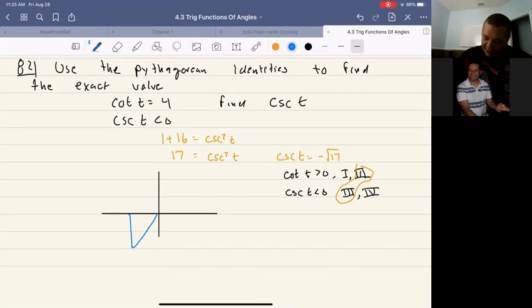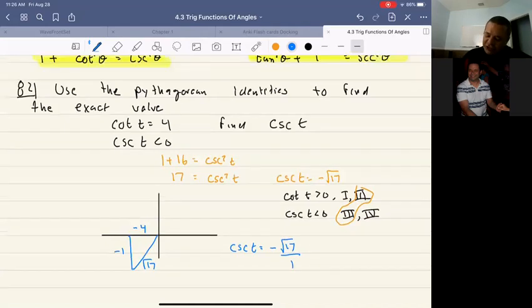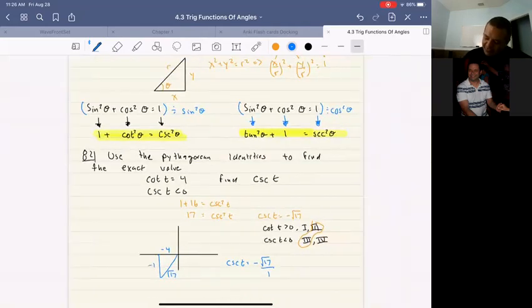So that means we're going to have -4 over -1. Okay, the negatives are because it's in the 3rd quadrant. The hypotenuse is 16 plus 1 is root 17. So the cosecant of t is negative root 17 over 1, which is the same thing that we had up here.